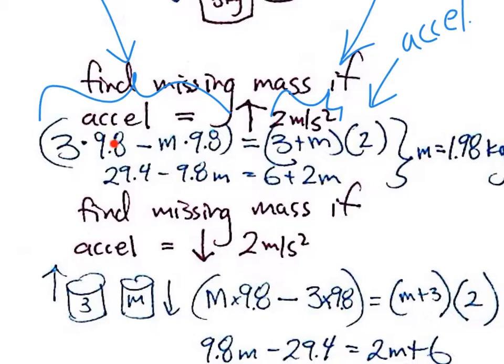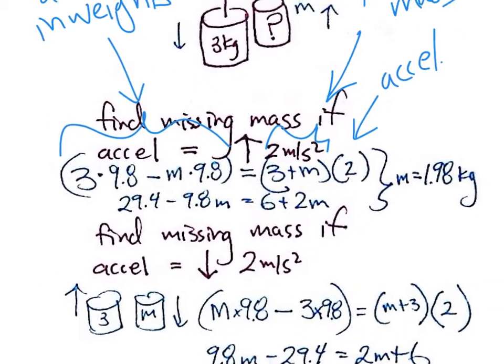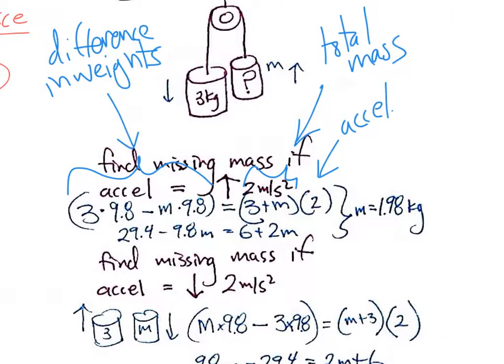So here's the, let me go back. The acceleration is positive, is upward 2 meters per second squared. So what I'm indicating is that this one is moving upward at 2 meters per second squared. So in this example, in the first part, if this is moving upward, this mass is going to be less than 3 kilograms.